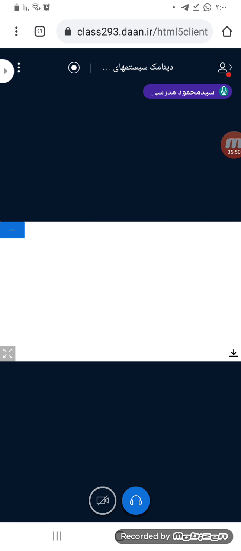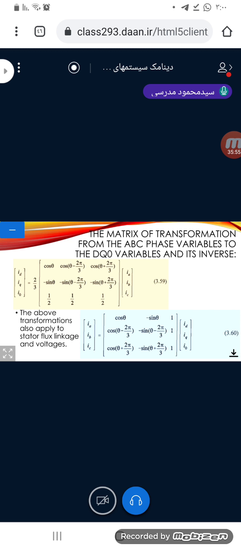The matrix of transformation from the ABC phase variables to the DQ0 variables and its inverse.